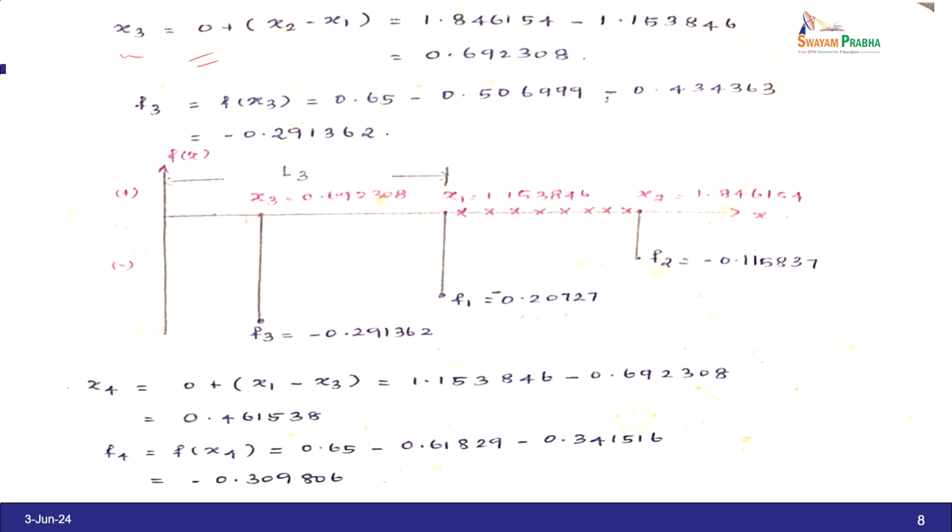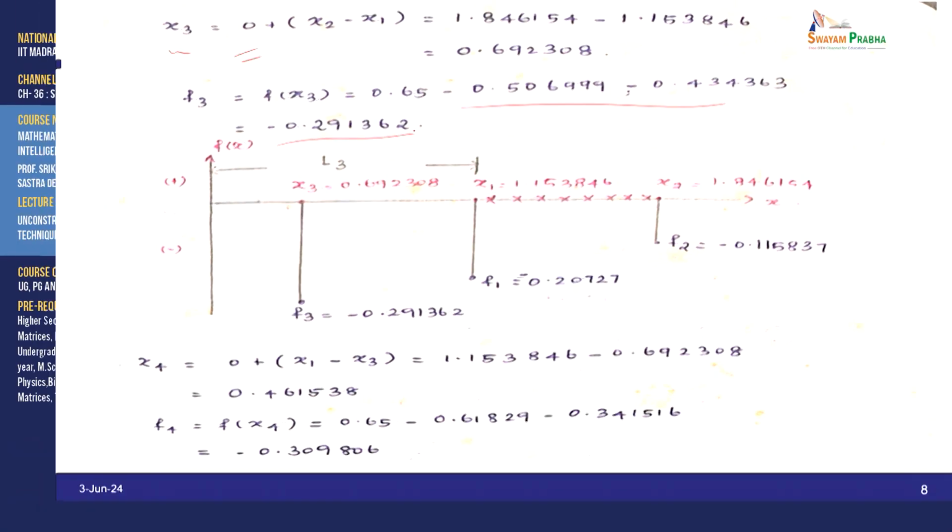You know x2 and x1, subtract them and you get the value. So, f3 equal to f of x3, substituting in the equation, the value is 0.29136.